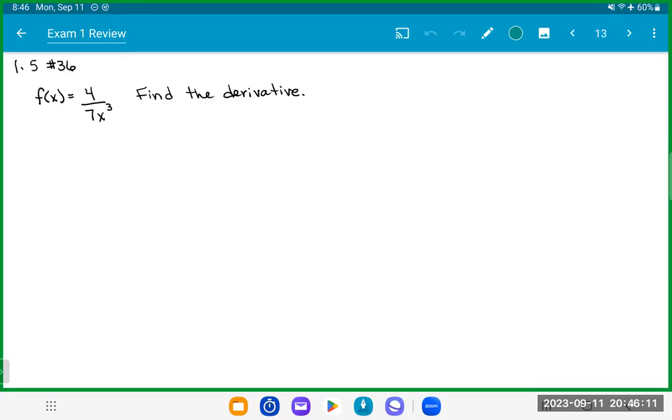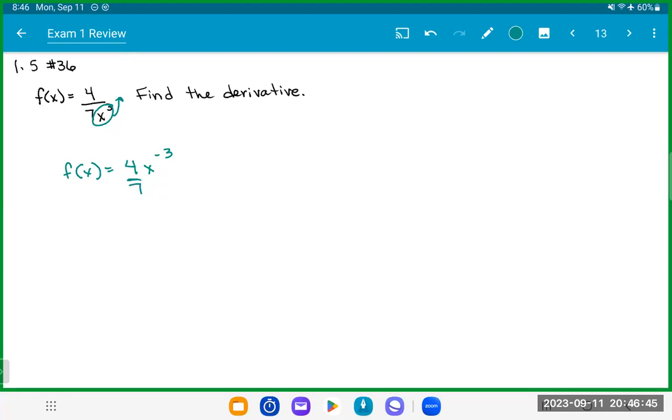Okay, so for this problem, you can do the product rule or you could do the quotient rule. I would suggest doing the product rule and moving that x cubed up. It'll make it easier, right? So we can say that f of x is equal to 4/7 x to the negative 3, right?